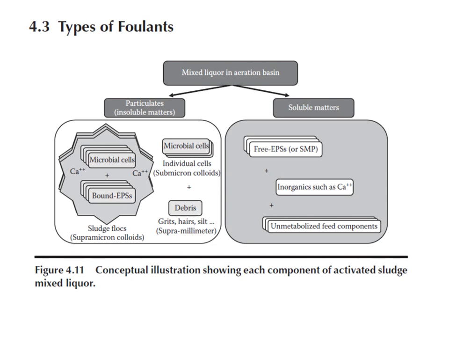This picture shows the types of foulant in MBR systems. In MBR systems, we have this mixed liquor, which is the feed water to the membrane, and we can distinguish the foulants in the mixed liquor into two groups. The first one is particles, and the second one is soluble matter.